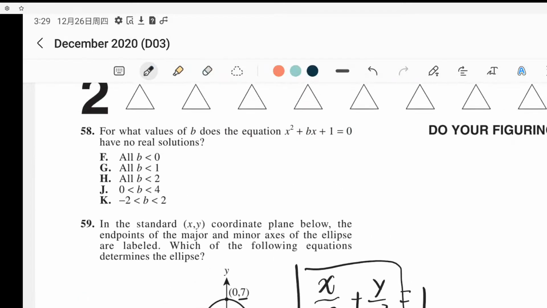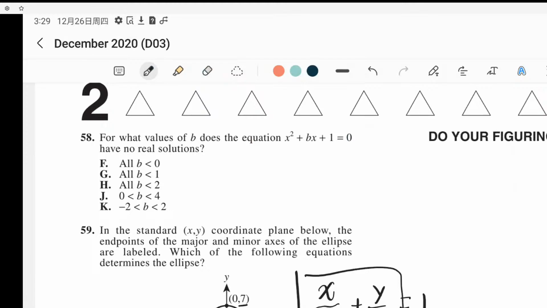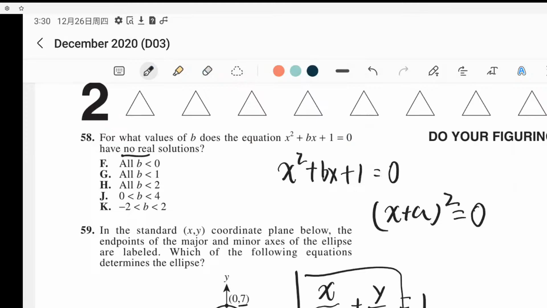Let's do 58. For what values of b does the equation x squared plus bx plus 1 equals 0 have no real solution? So ultimately what this says is that x plus a number squared equals 0 such that A must be larger than 1.